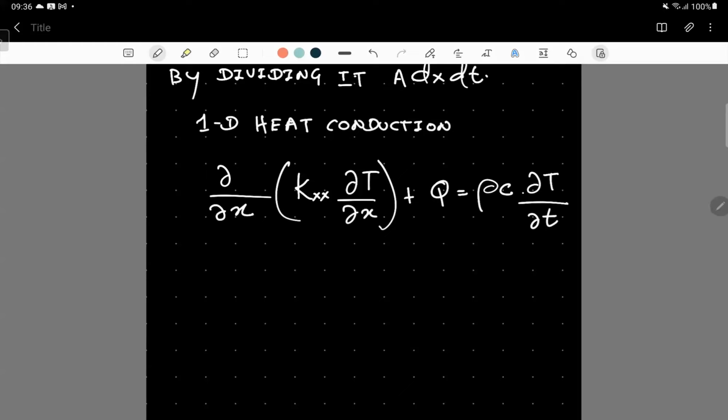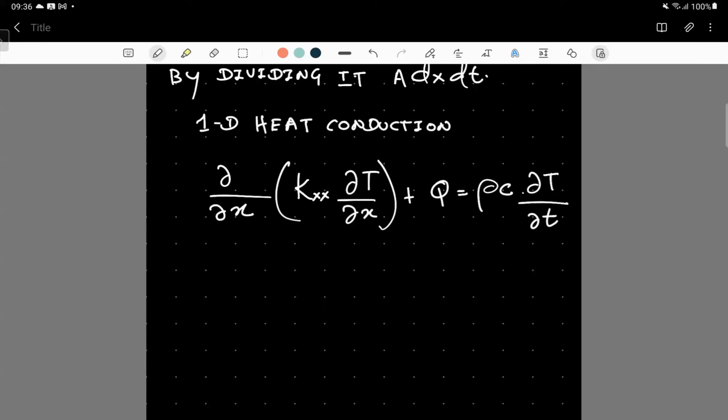So this is a transient one-dimensional heat conduction equation without convection. If we assume a steady state heat conduction problem, the differentiation with respect to time will be 0.